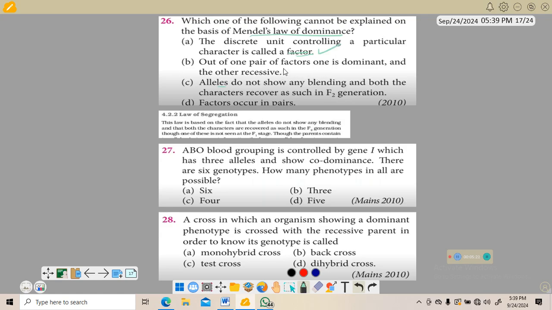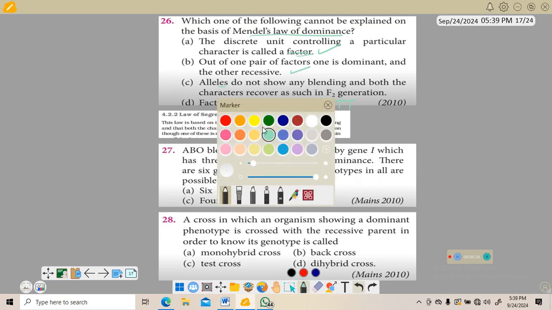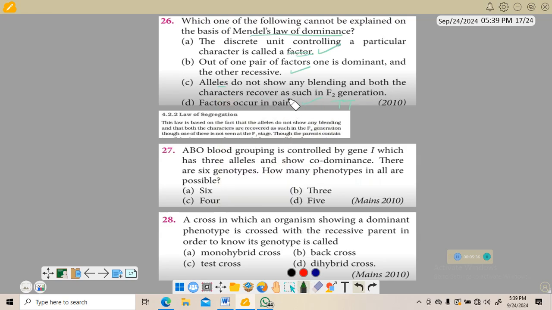Out of one pair of factors, one is dominant, the other is recessive, and factors occur in pairs like this. Alleles do not show any blending, and both the characters recover as such in the F2 generation. So he didn't talk about blending or any mixing.